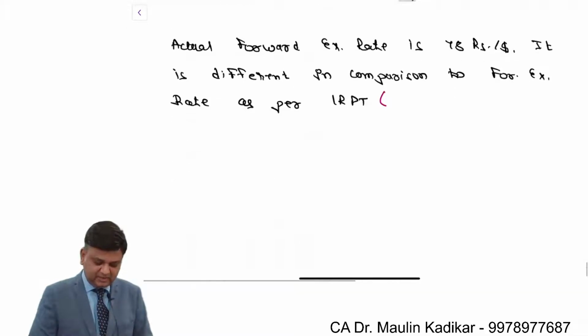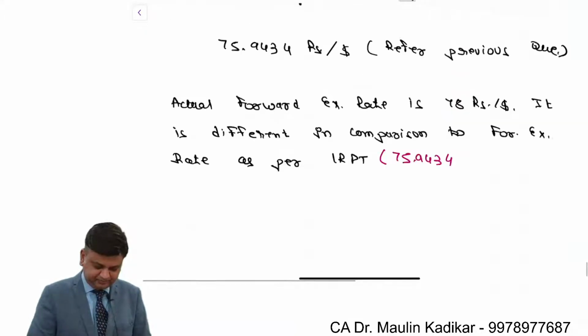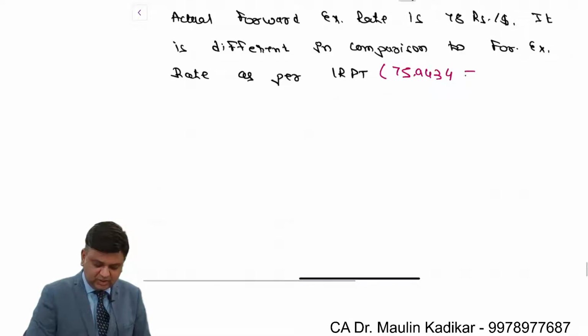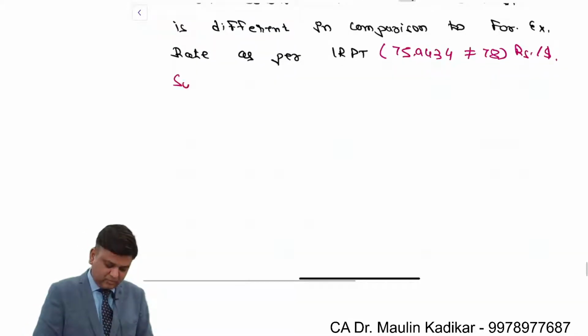In bracket, I am writing 75.9434 is not equal to 78 rupees per dollar. So arbitrage exists.